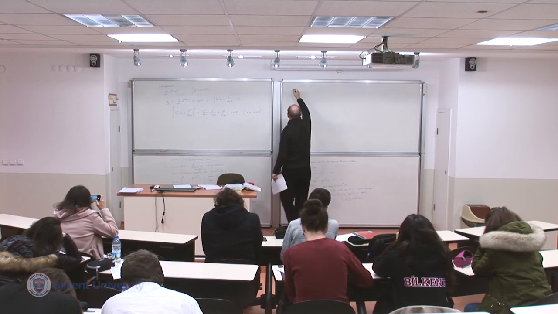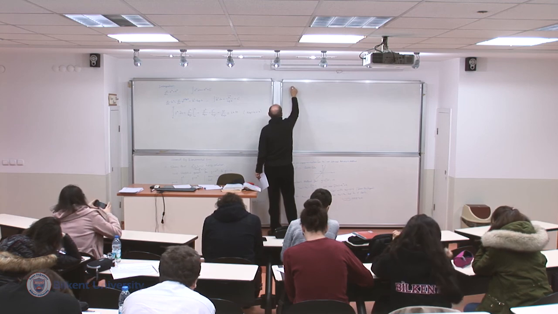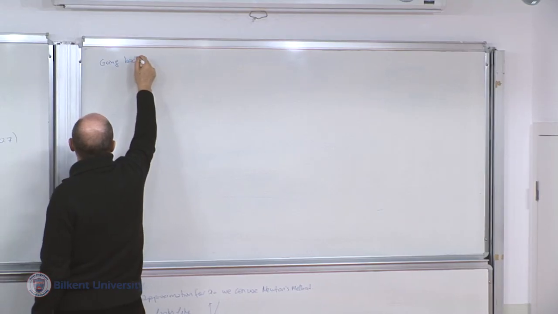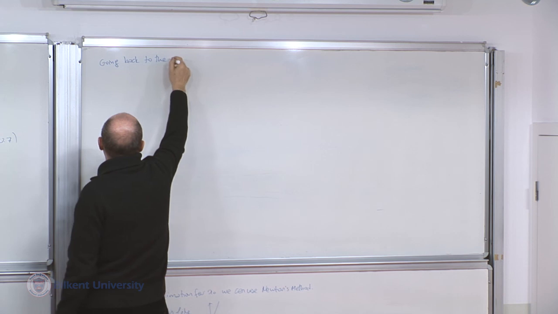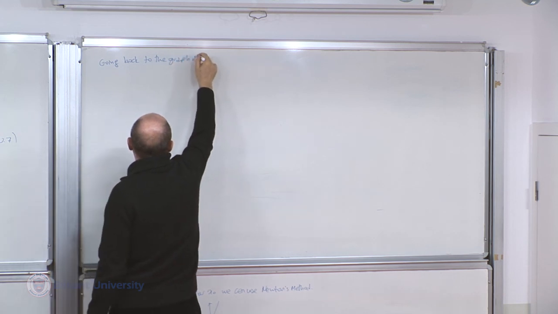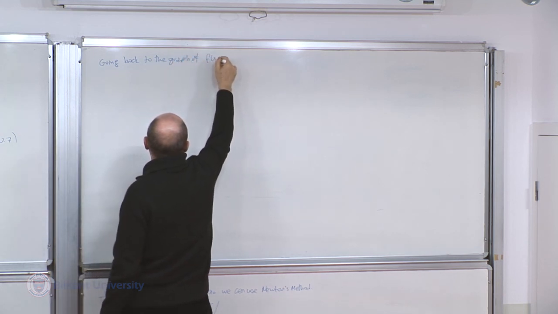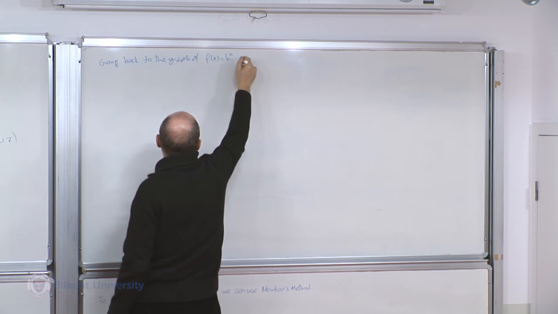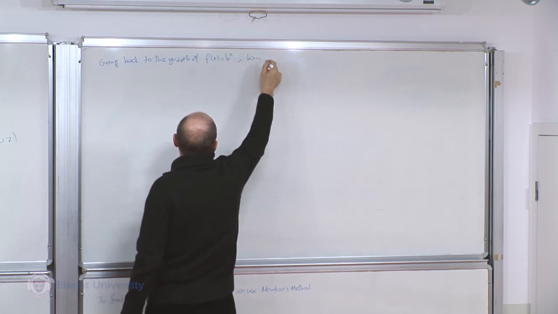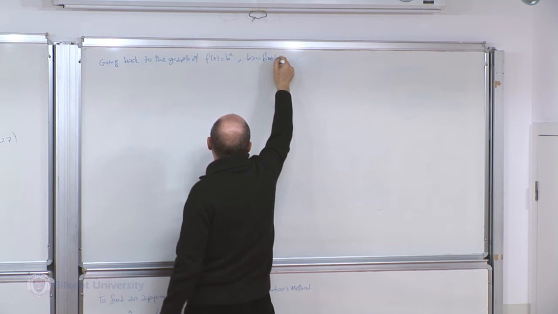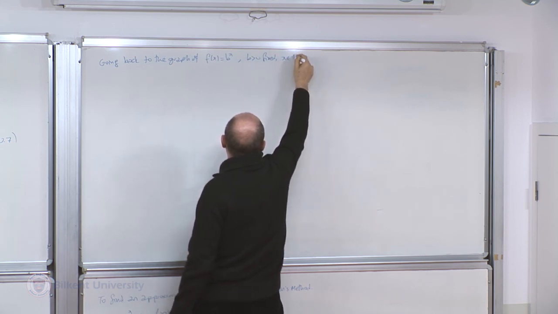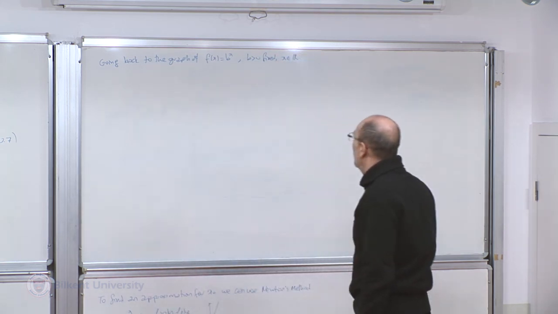So from the graph, now going back to the graph of f of x equals b to the power x. Here b is positive fixed, and x is anything. Okay.